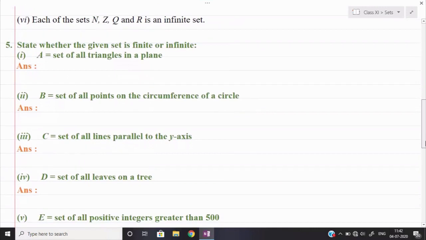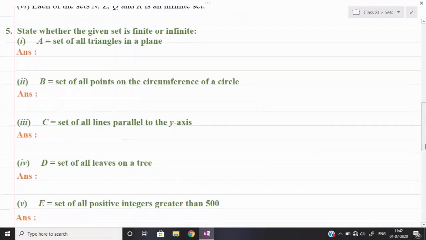So let us see now question number 5. Tell me first of all, part number 1, set of all triangles. Can you draw a countable number of elements in a plane? No, because you know that the plane space is infinite, and since we have infinite space available, we can definitely draw an infinite number of triangles.